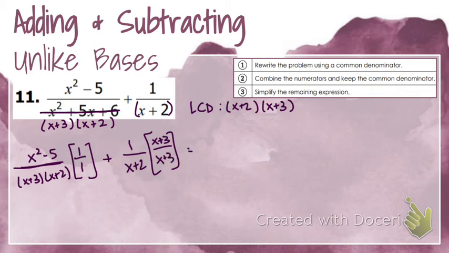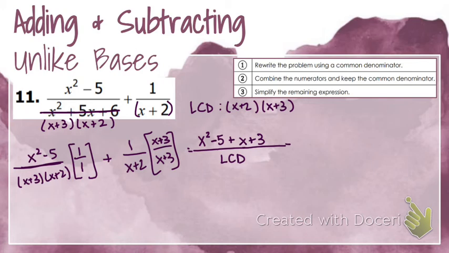So then whenever we go further with this, when we simplify, we get x squared minus 5 over, and I'm actually just going to write LCD, because I'm tired of rewriting this over and over. And then on the right side, we have plus x plus 3, because 1 times x plus 3 is just x plus 3.